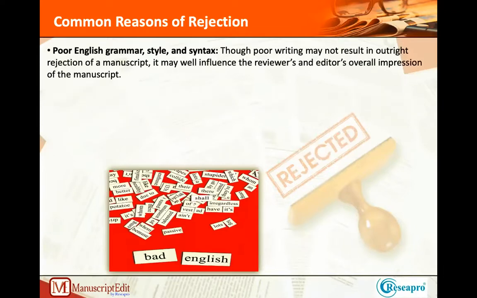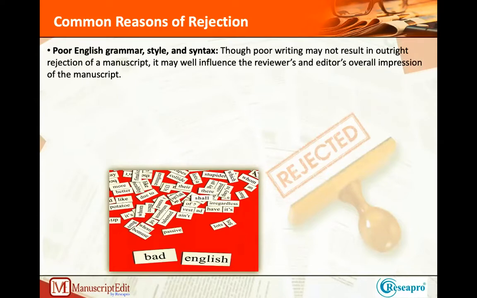Next reason is poor use of language, grammar, and spelling. This can also be an important reason for a technical modification, revision, or rejection. One must proofread one's own manuscript multiple times before submitting it to a journal.